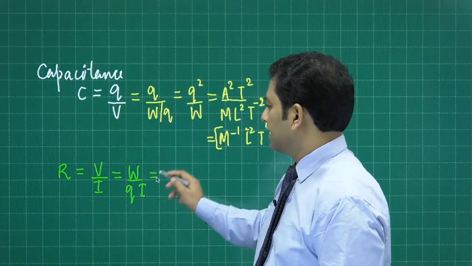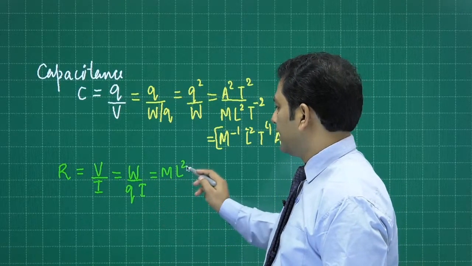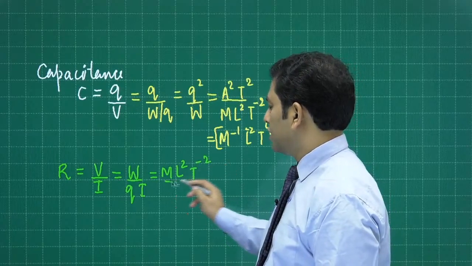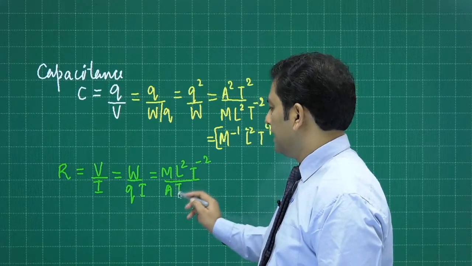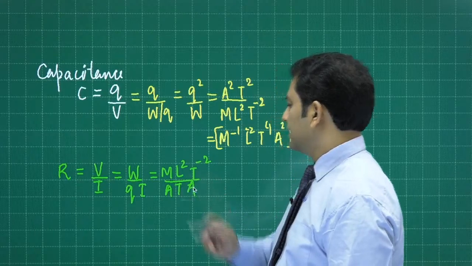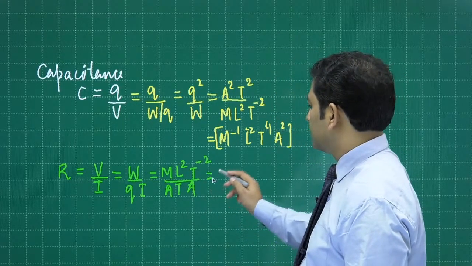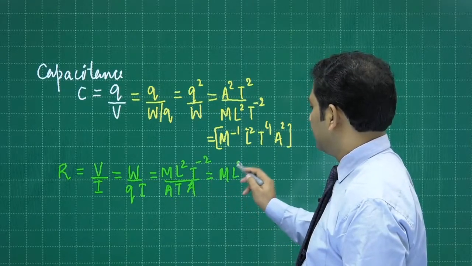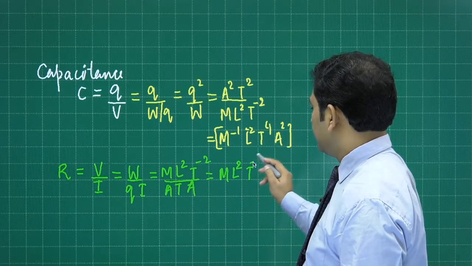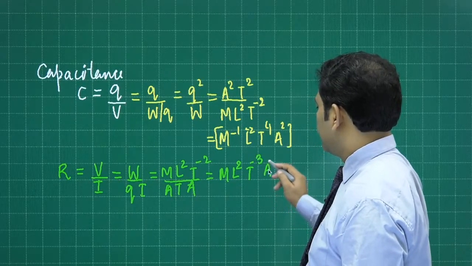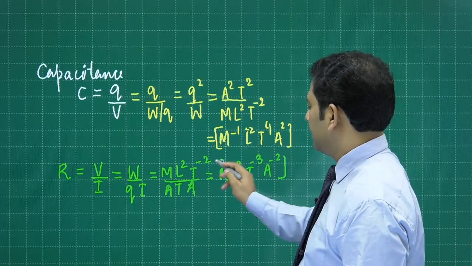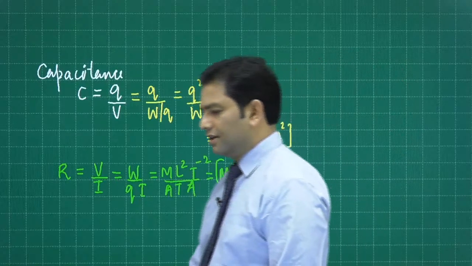And work done, that is of course equals to ML square T minus 2, charge is AT, and the dimension of current is A. So let us try to see what am I going to get. This is going to give me ML square T minus 3 A minus 2. So that will be the dimensional formula for resistance.